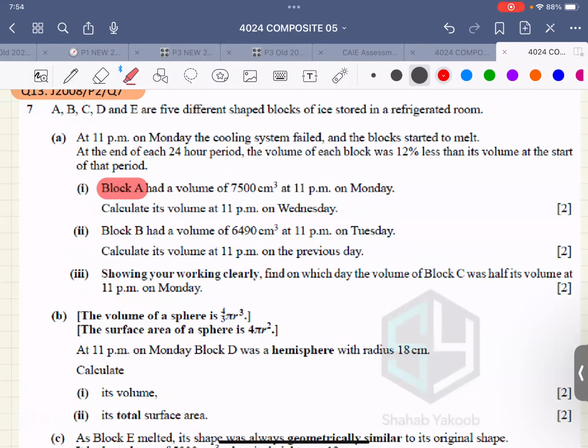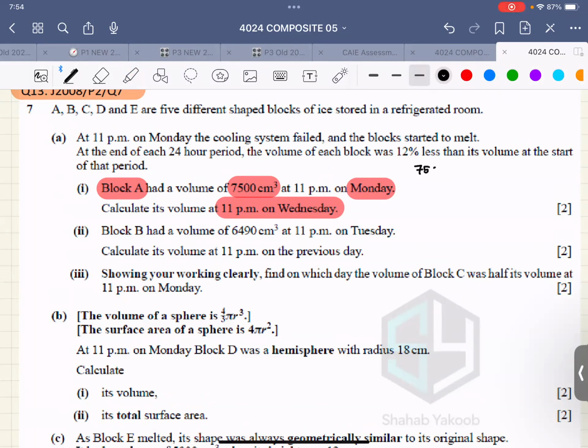Block A had a volume of 7,500 centimeter cubed at 11 p.m. on Monday. Calculate its volume at 11 p.m. on Wednesday.